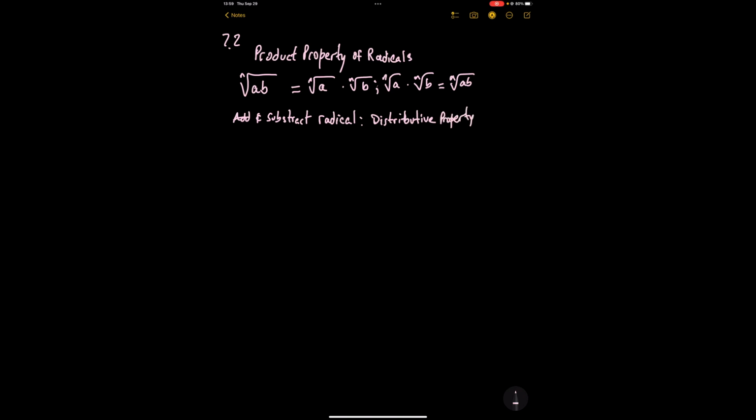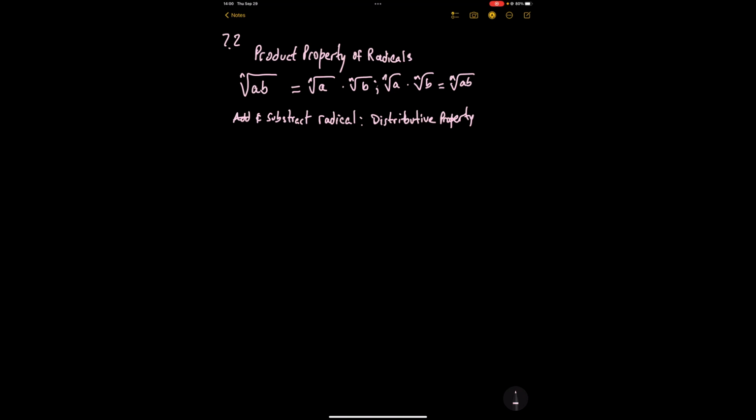Before you can add and subtract radicals, you need to perform the distributive property, unless they're already the same thing. But usually you're not going to get the same thing at all.